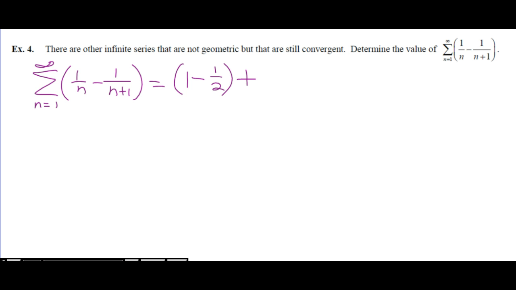That's going to be 1/2, because now n is 2, minus 1/3. Okay, what's T3? That's going to be 1/3 minus 1/4. Do you see a pattern going on here now?